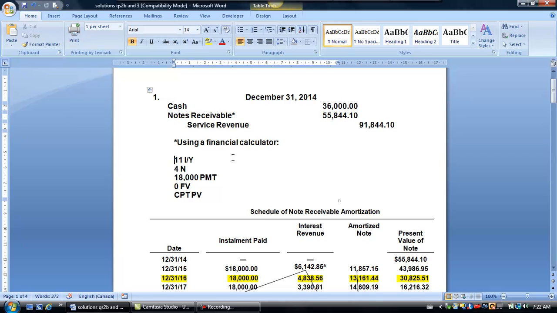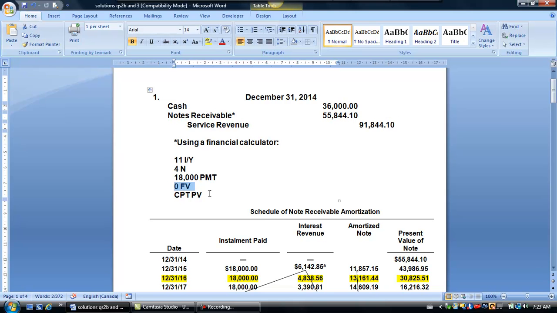Well, your interest rate is given to you in the question as 11%. That's your yield or market rate. We're also giving you that the number of periods to maturity of the note is 4. We've also told you that Beggy agrees to pay Zhang $18,000 with each payment at December 31st. We also know that the future value of the note is 0. Why?